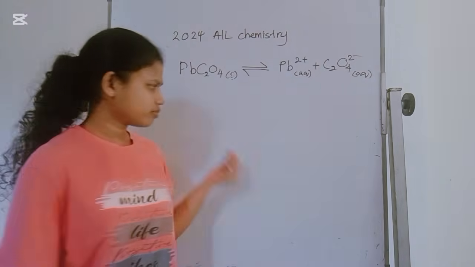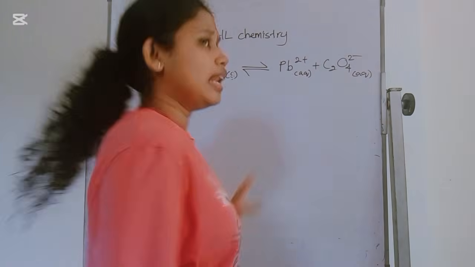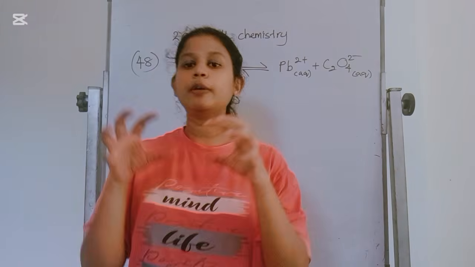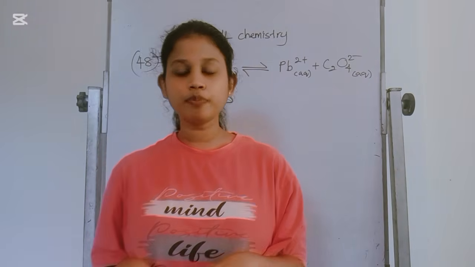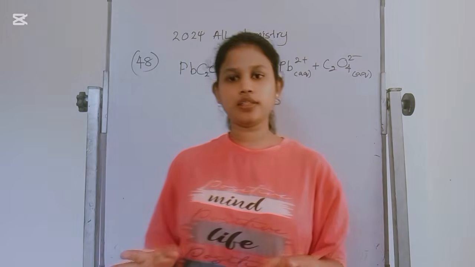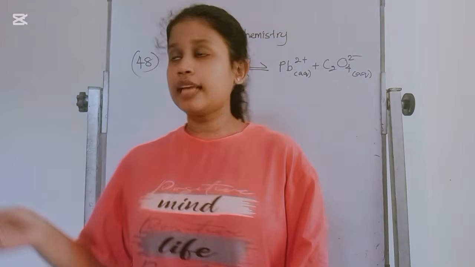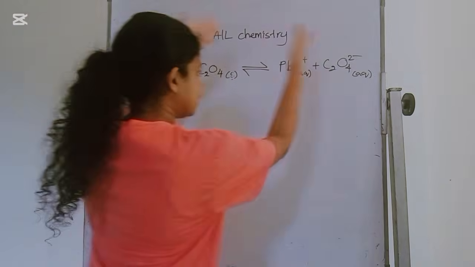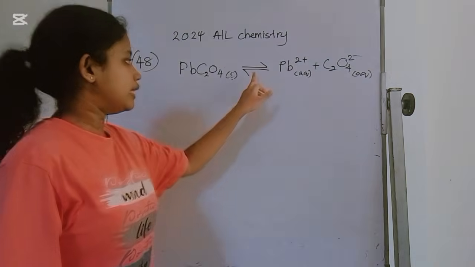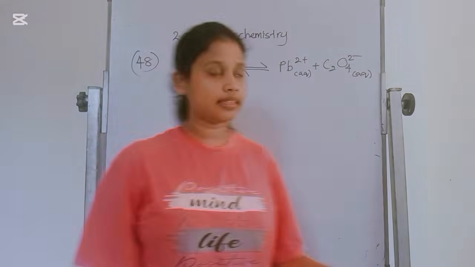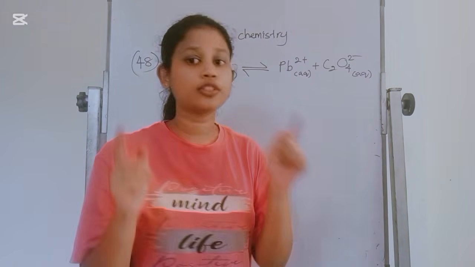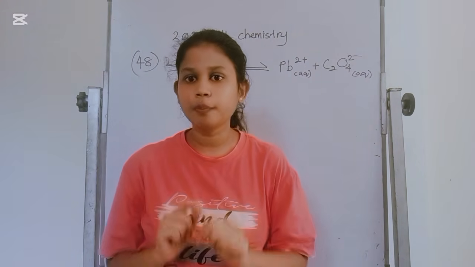So this lead oxalate compound does not dissolve completely in water. Okay, that's a very important point. Instead, it establishes an equilibrium between the solid and its ions. This double arrow indicates that both the solid and the ions exist together in the equilibrium system.